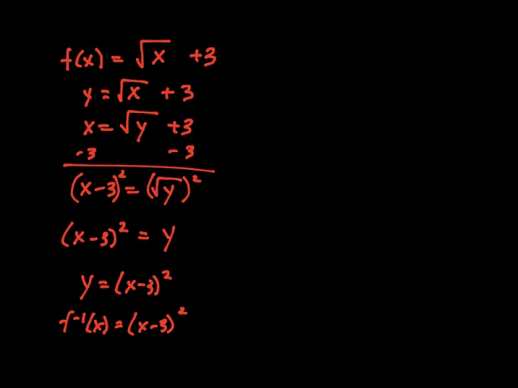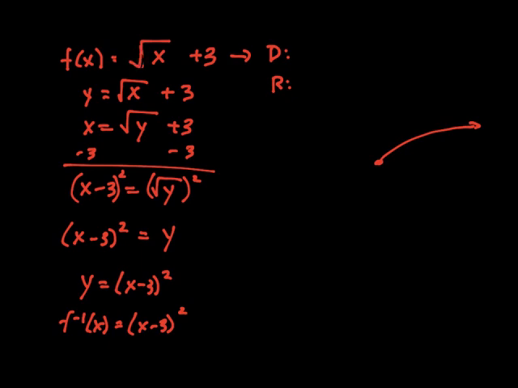Now, I also asked you to find the domain and range of both the function and its inverse. Okay, so let's look at this. We have the domain and we need the range. It's a square root function, so it's going to look something like this, especially that it doesn't have a negative here. So let's go ahead and get rid of that 0.